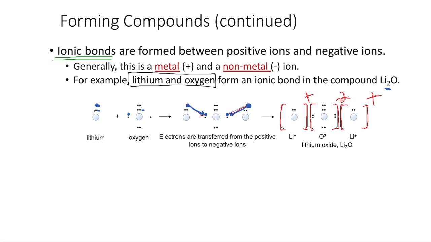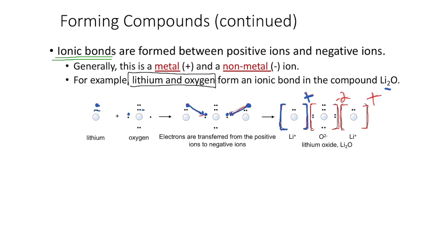So now each lithium has lost 1 electron, which we're symbolizing by this plus symbol. So again, remembering that for ions, we represent it with these square brackets and the charge to show that you didn't just forget to draw an electron.